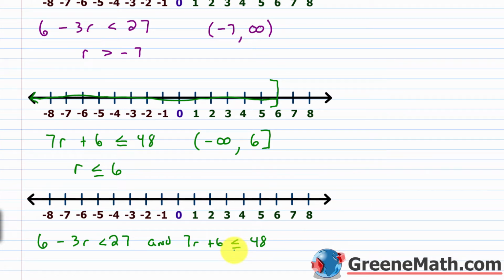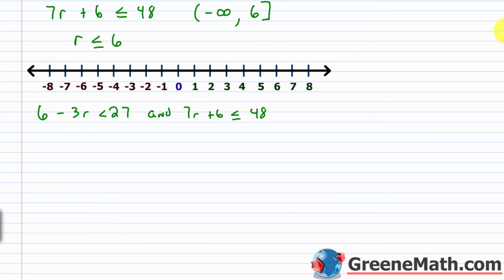And for some people, they like to look at it graphically. For some people, they like to look at it between the two intervals that were created. And some people can just look at it and say, okay, I know it's this. Well, I can tell you that if you just look at the two solutions and you put them together, r is greater than -7 and r is less than or equal to 6. So that's pretty easy to do.